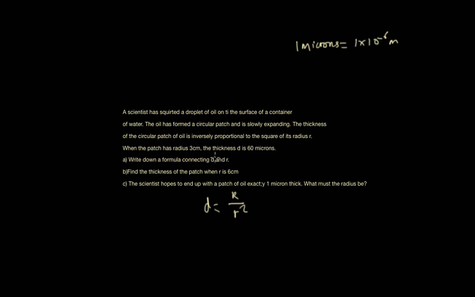And so if the radius is 3 and d is 60 microns, so 60 equals k over 3 squared. K is going to be 60 times 9, which is going to be 540. So the formula will be d is equal to 540 over r squared.